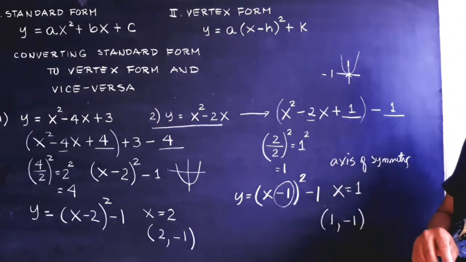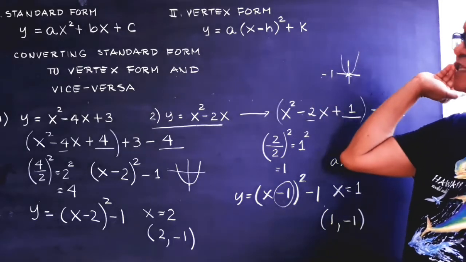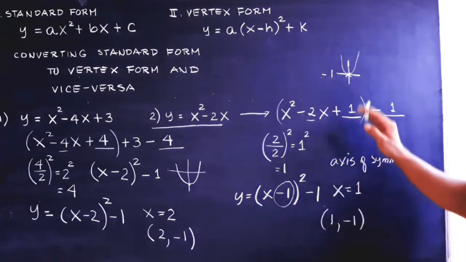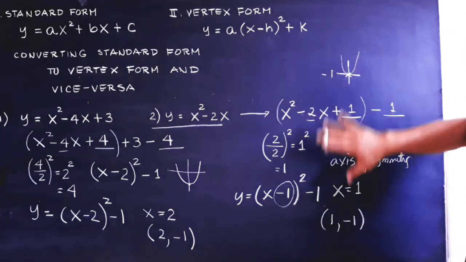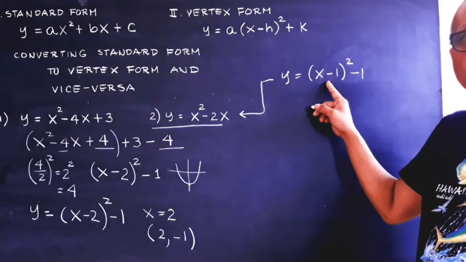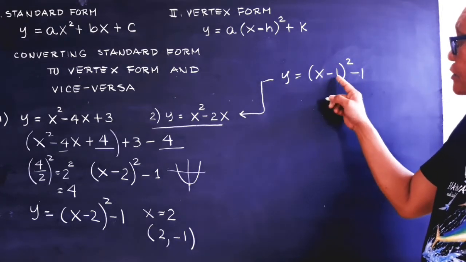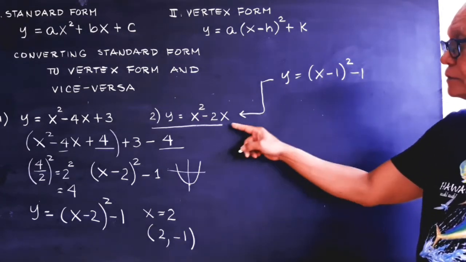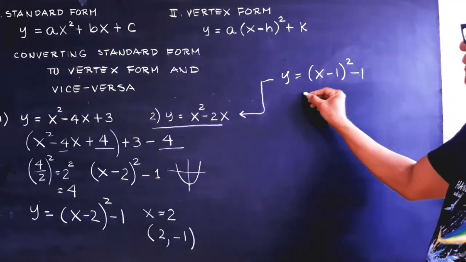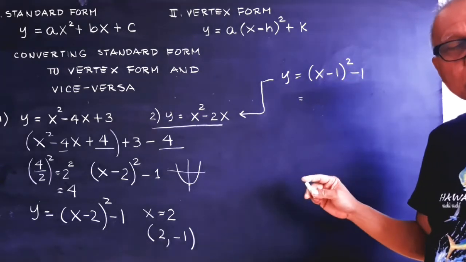Okay, what about if we have already this one, class, and we are going to change it into standard form? So it's easy, class. Okay, can I erase this one? If we have this one in a vertex form or parabola curve equation, x minus 1 squared minus 1, and the standard form is this. So how do you find this one? So first we multiply this one, the square of a binomial, and we know the shortcut.